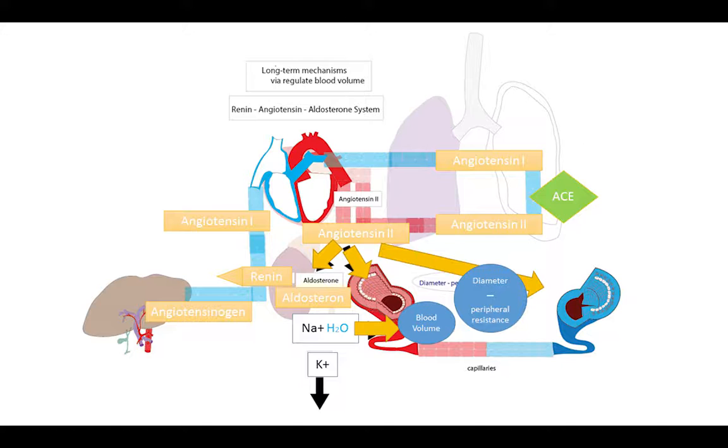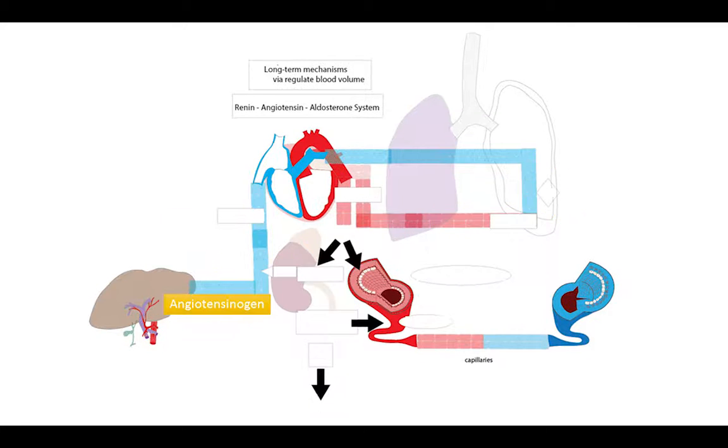Long-term blood pressure regulation is regulated via the renin-angiotensin-aldosterone system. Angiotensinogen is produced by the liver and released into the circulation. When a decrease in blood pressure is detected by the kidneys, an enzyme, renin, is released into the circulation.